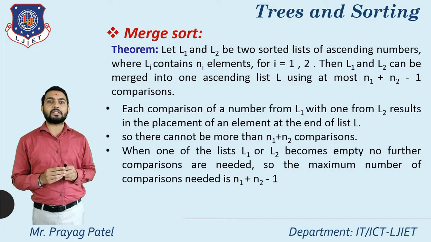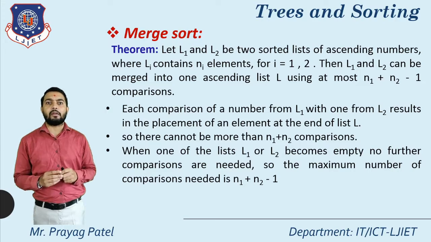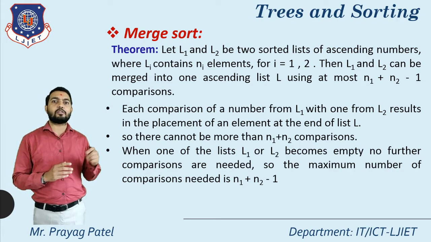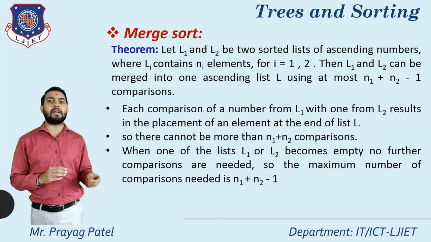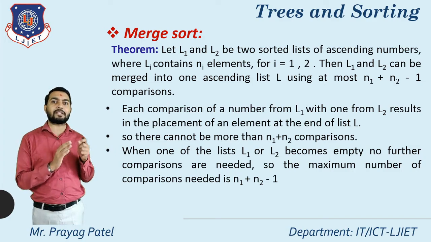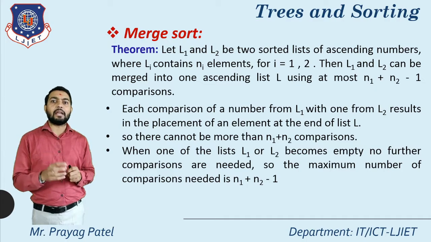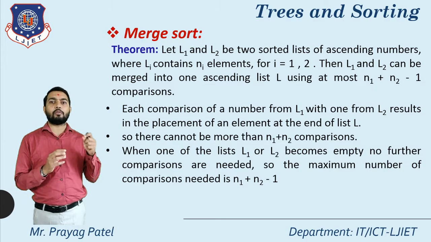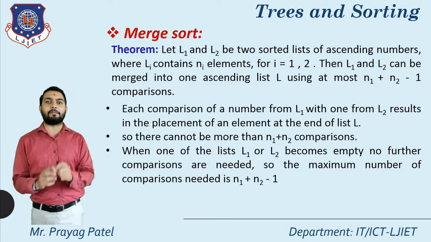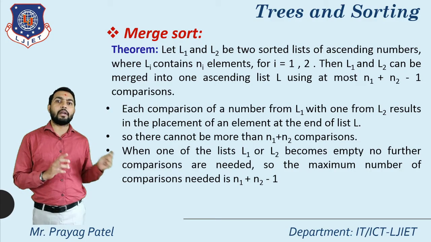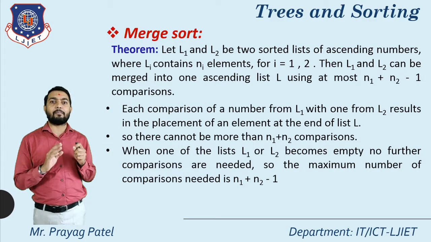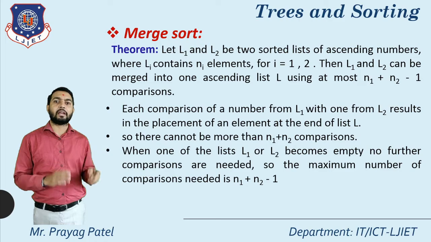When one of the lists L1 or L2 becomes empty, no further comparisons are needed. So the maximum number of comparisons needed is n1 plus n2 minus 1, because when the first list is empty, no comparison is required of the second list elements with the first list elements. So one less comparison is required: the maximum number of comparisons equals n1 plus n2 minus 1.